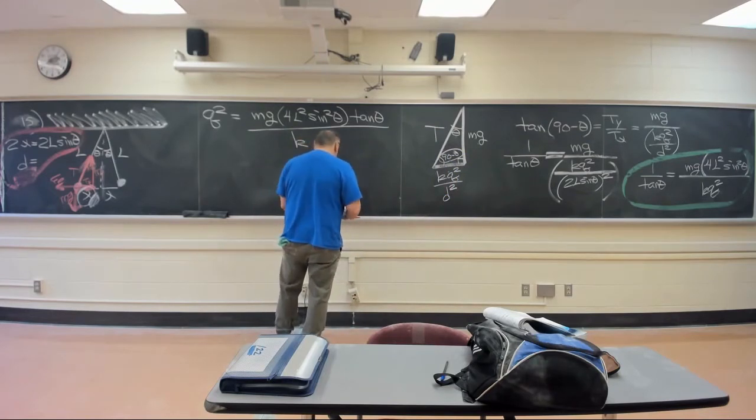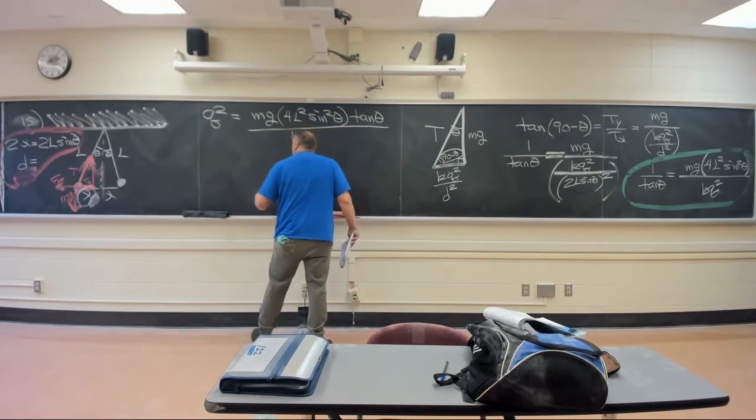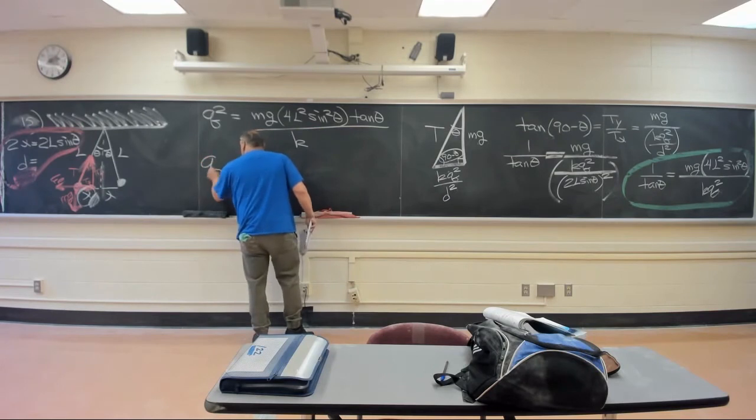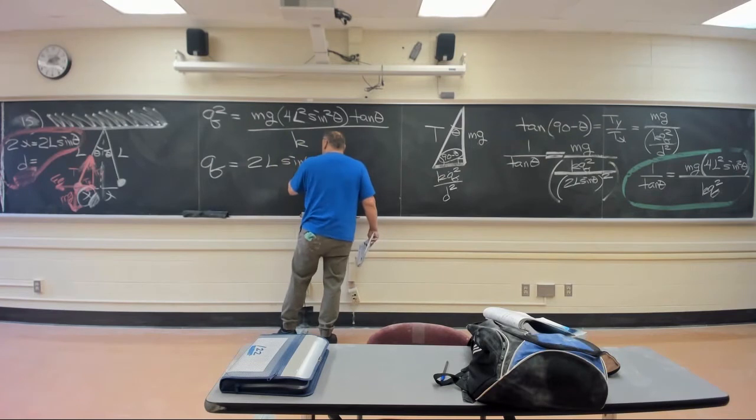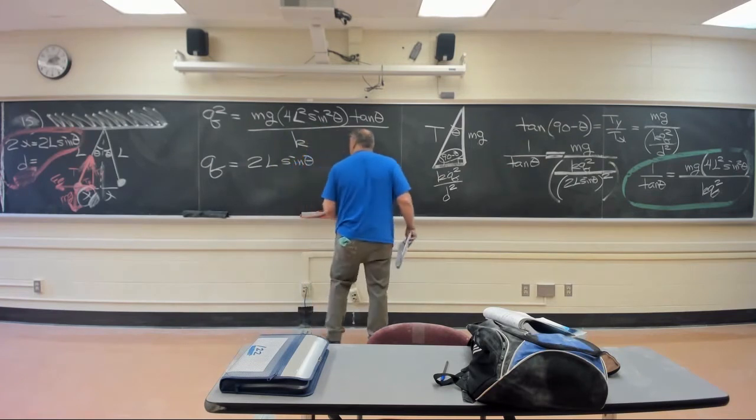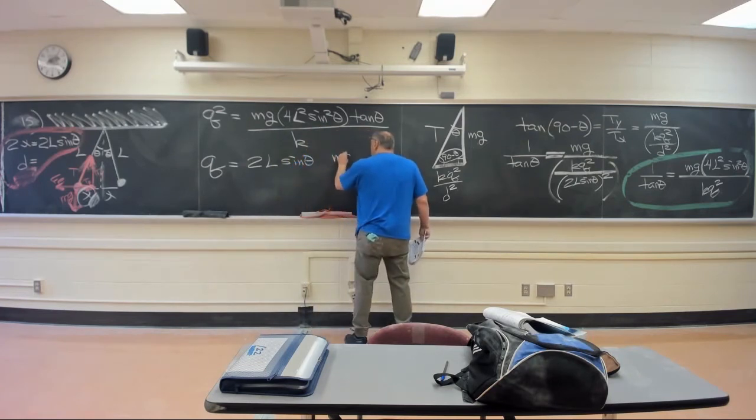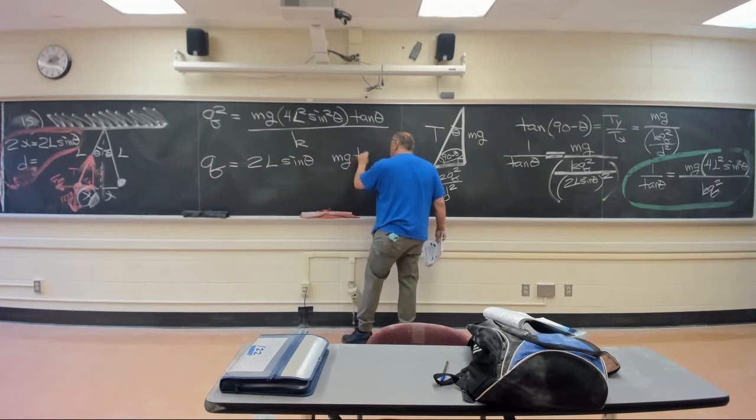I don't want to make it too big of a deal. Why don't you square root both sides? If you square root all this, you've got 2L sine theta over mg.